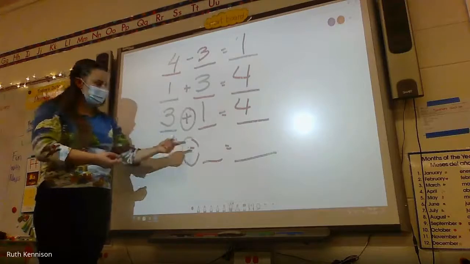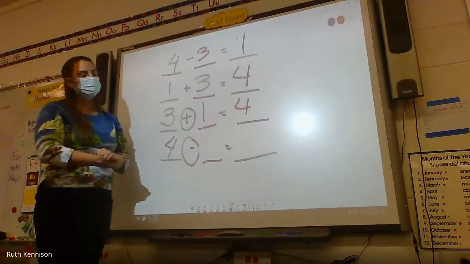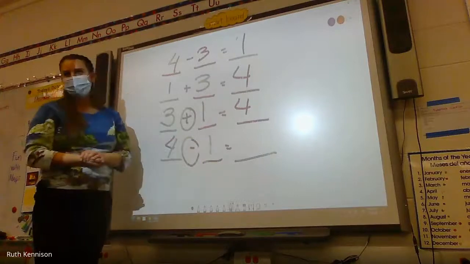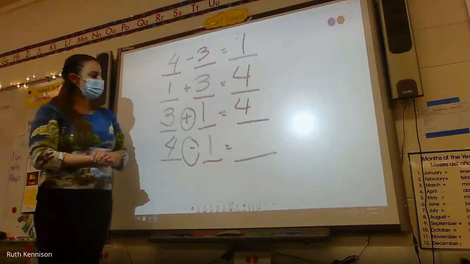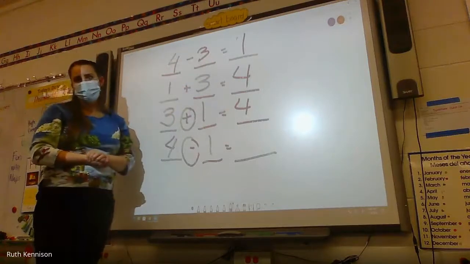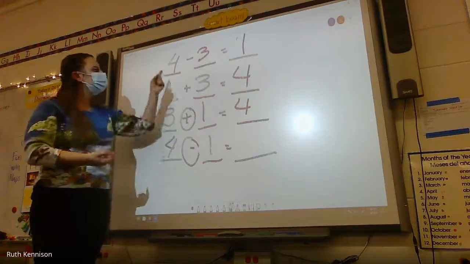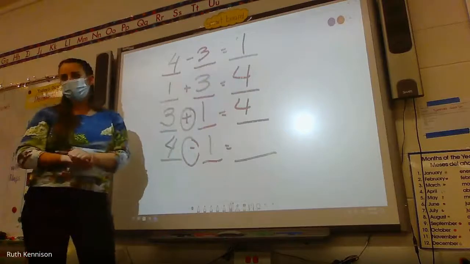No, 4 minus 1. No, 4 minus 1 does not equal 0. Jimmy, what's your last number? You already used 4, and you used 1. What's the last number you have left?